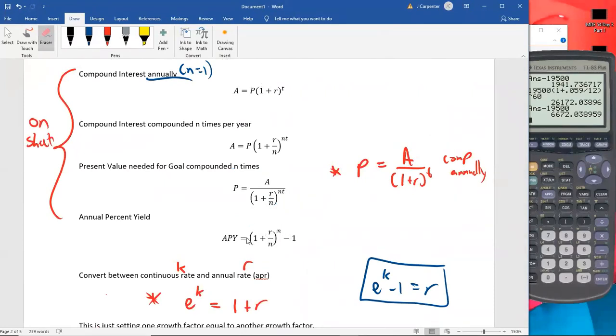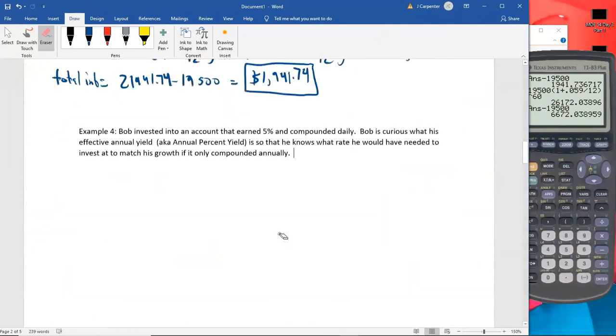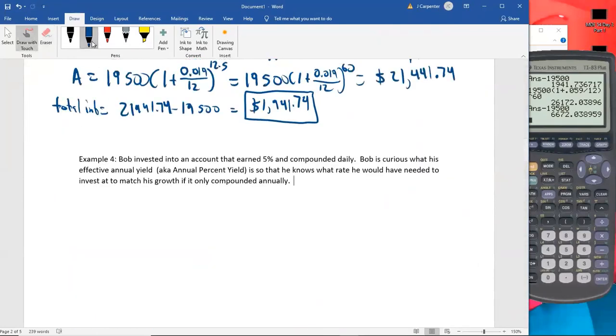There is no principal in here. There is no t in here. The t is always a 1 because this is over 1 year exactly. So we need this formula: APY equals 1 plus r over n, raised to the n, then a minus 1.